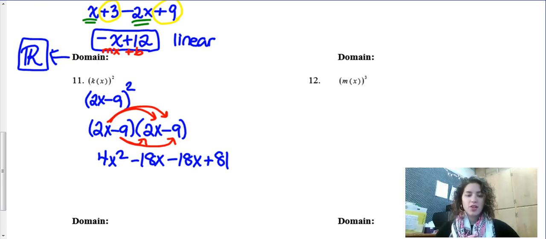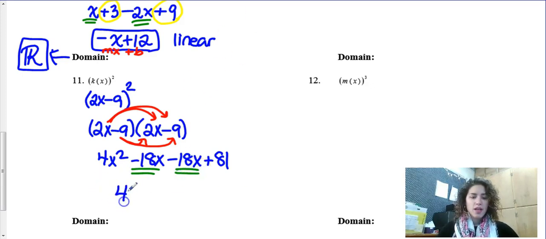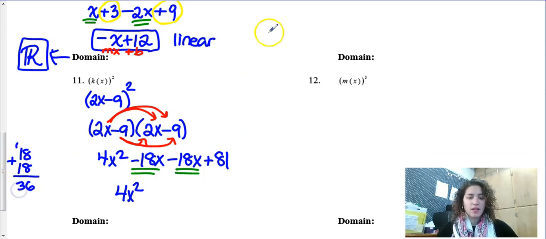Checking for like terms, we can combine this negative 18x with this negative 18x, and we get 4x squared. I'm not sure about 18 and 18. We're adding in the negatives, so I can write 18 plus 18 and then just make the answer negative. So 8 plus 8 is 16, 36.